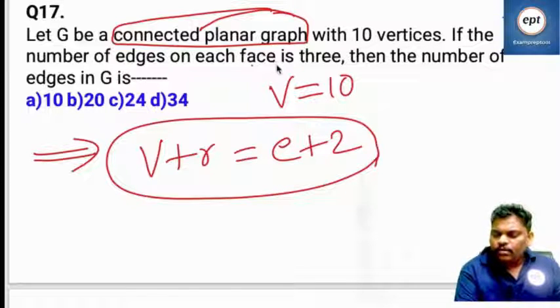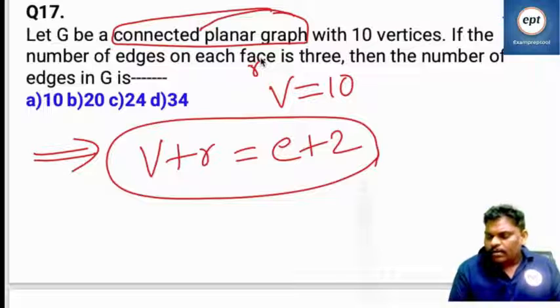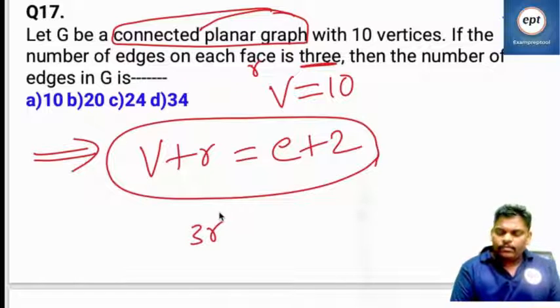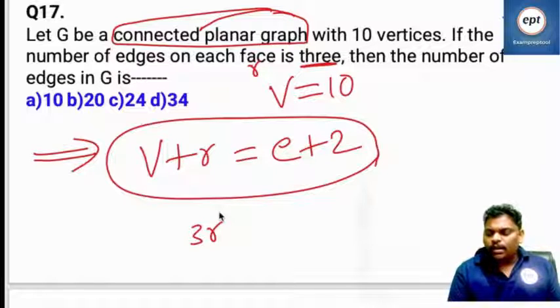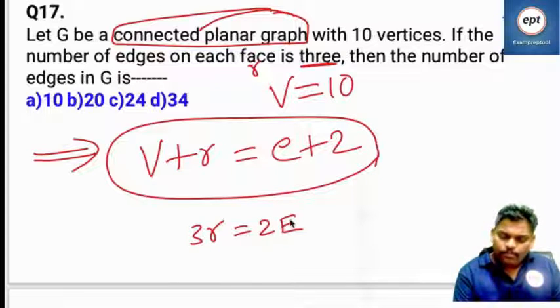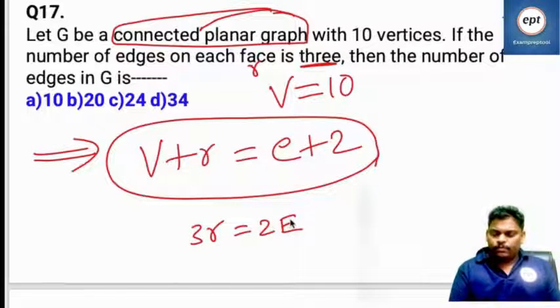Face means region. If number of regions are R, every region degree is 3. So 3R is equal to 2E.